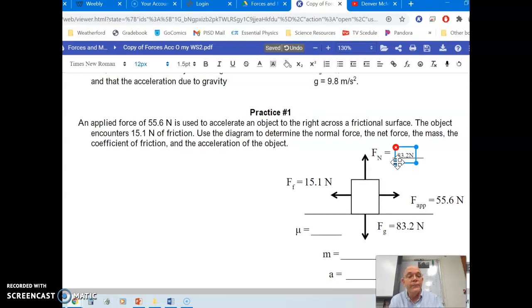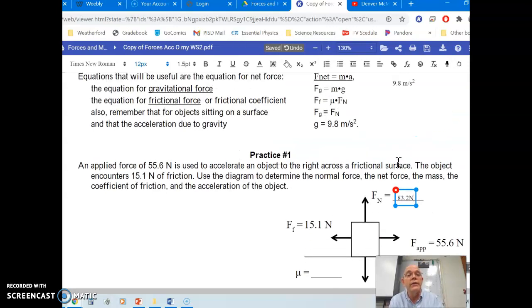Now, in order to find the mass, we can plug in the force of gravity, which we know is 83.2 newtons. It's equal to the mass, which we don't know, times the 9.8 meters per second squared.